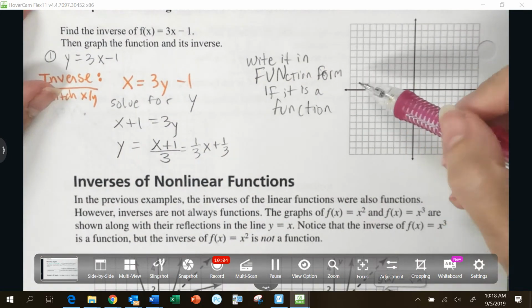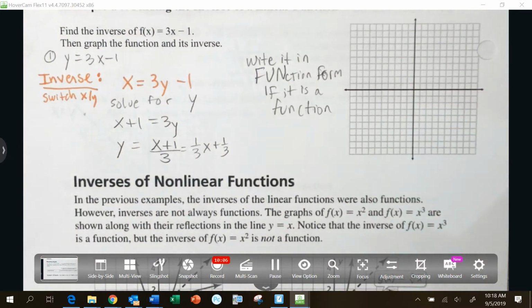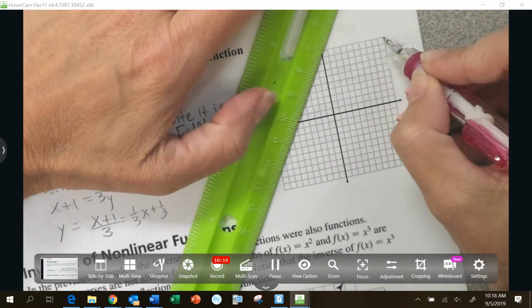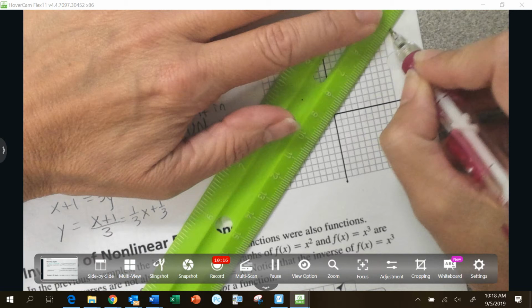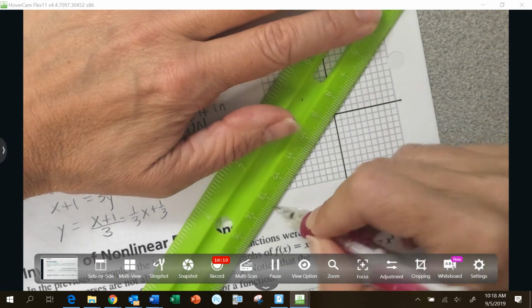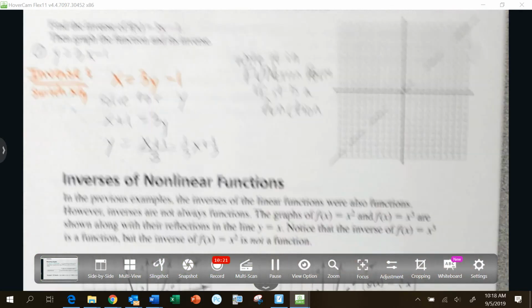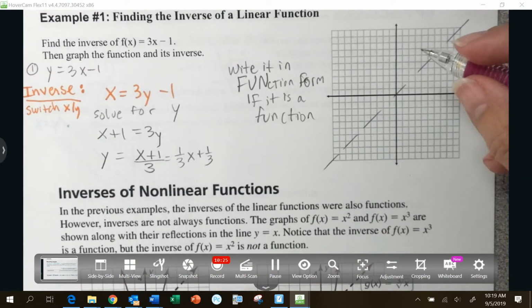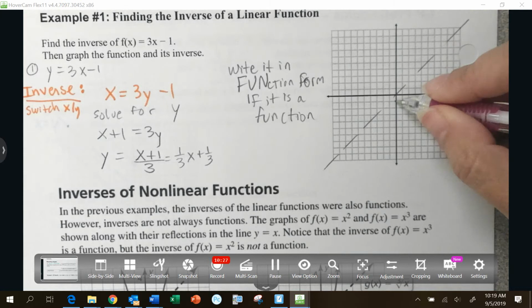Maybe you would just figure out what makes it a function as we're doing this today. I'll go over it, but let me graph my original one here. 3x minus 1.